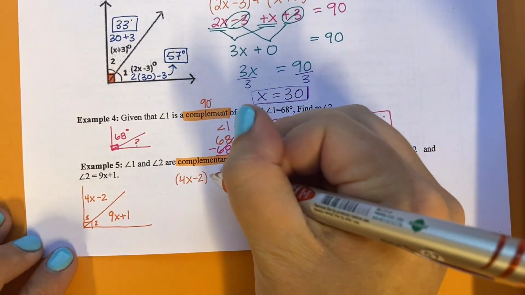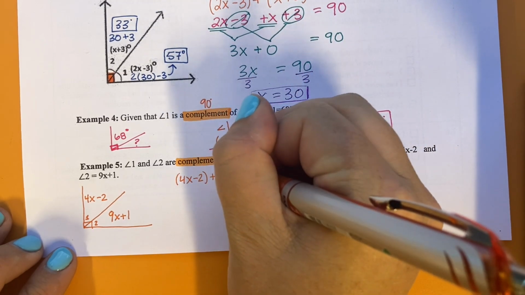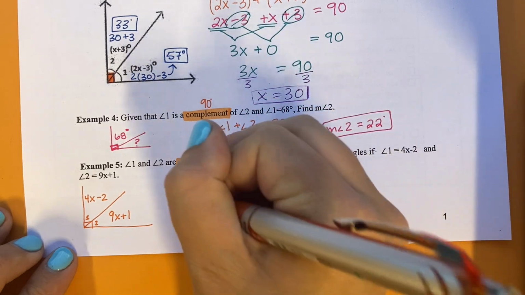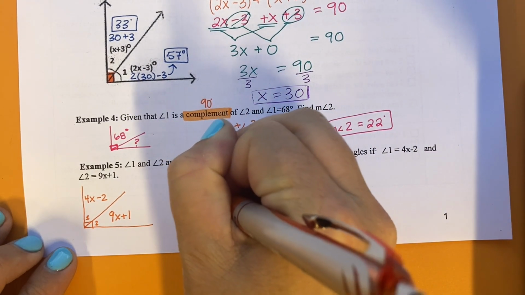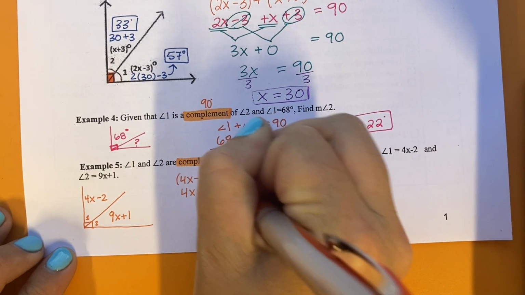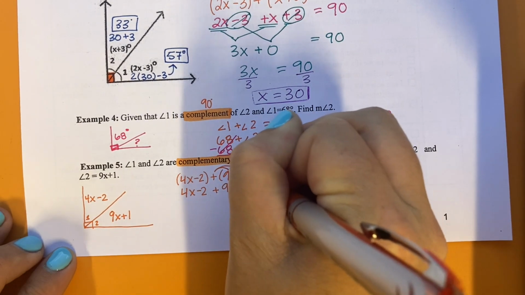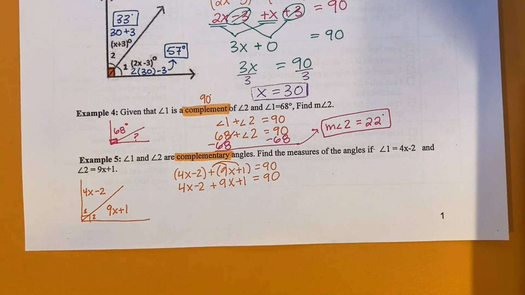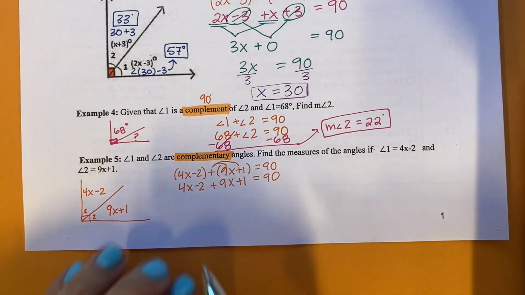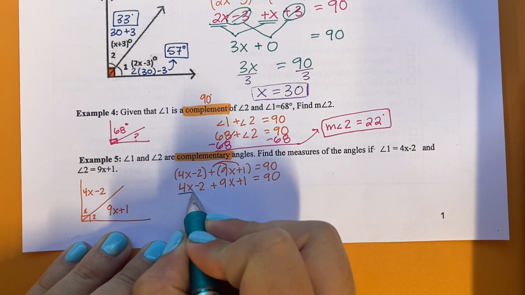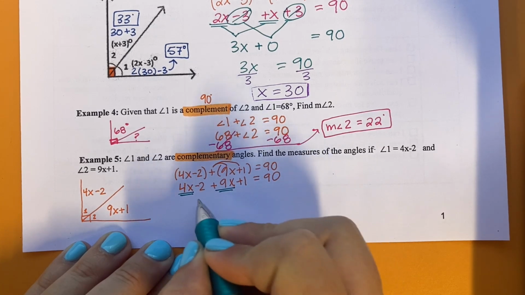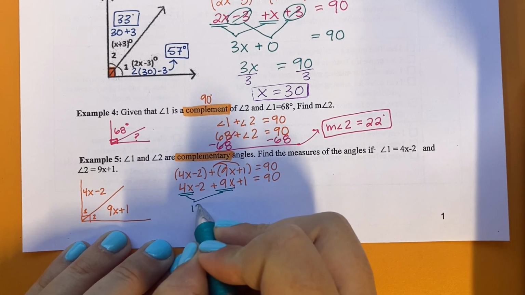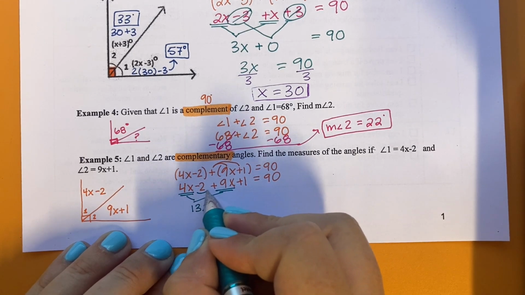Now, this plus sign is going to distribute, and the signs will stay the same. Some of you will skip this step. Then we combine like terms. I have a 4x and a 9x, those together. 4 plus 9 is 13x.